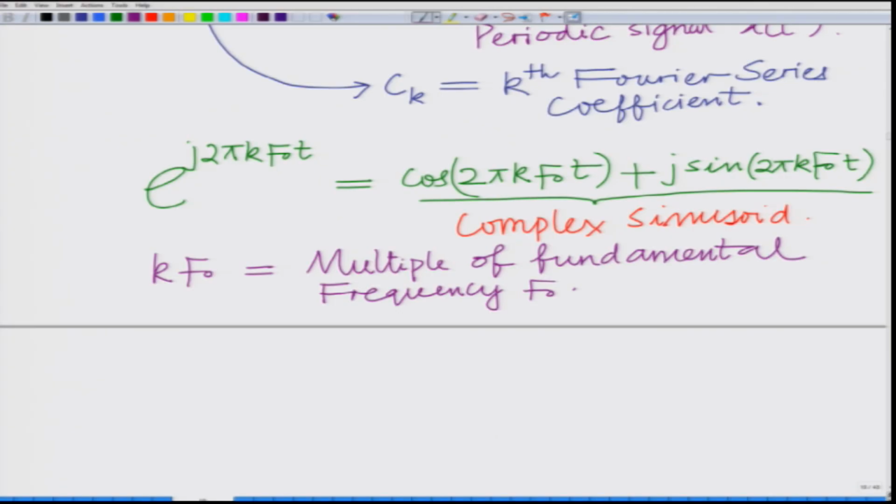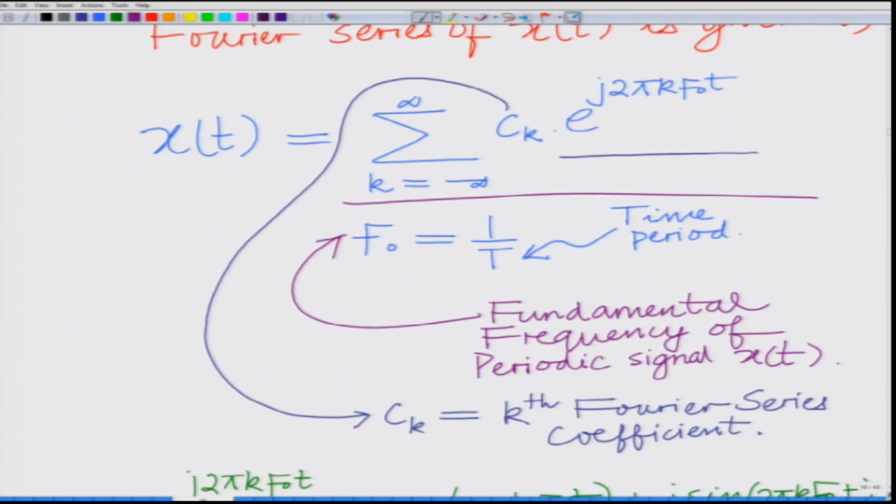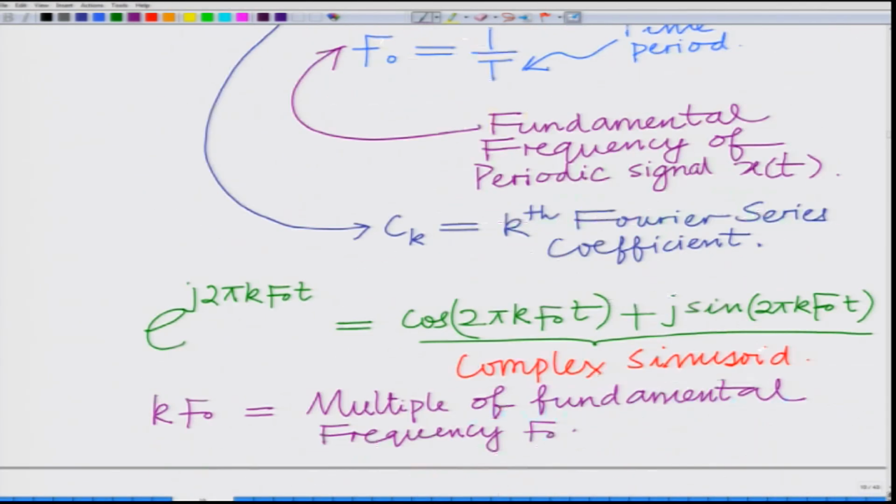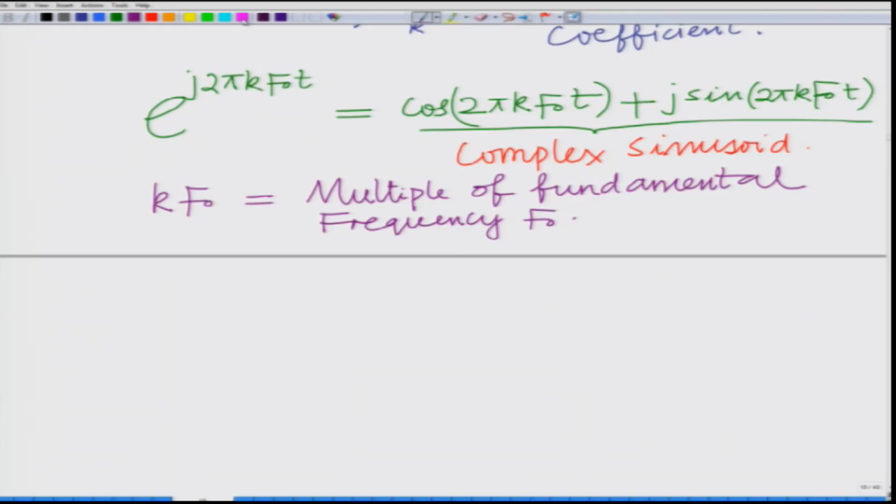Okay. And this sinusoid at k f naught, that is e to the power of j 2 pi k f naught t, correct.